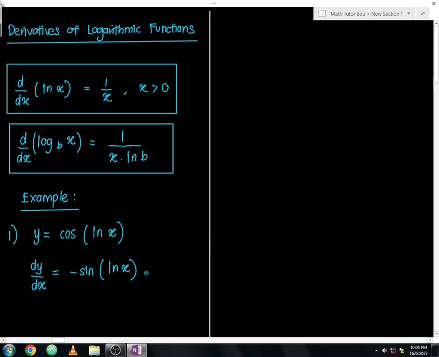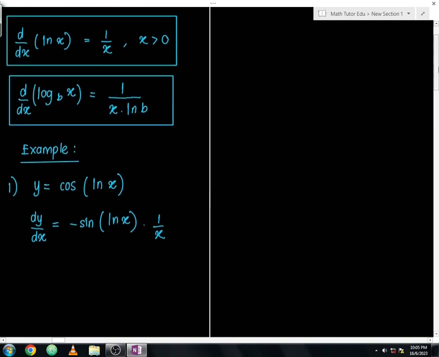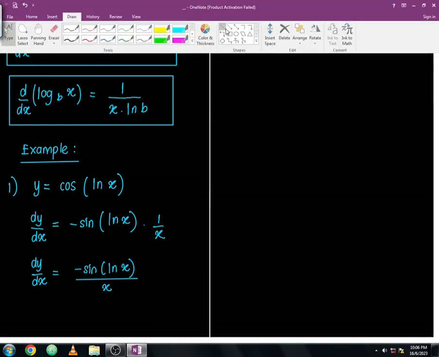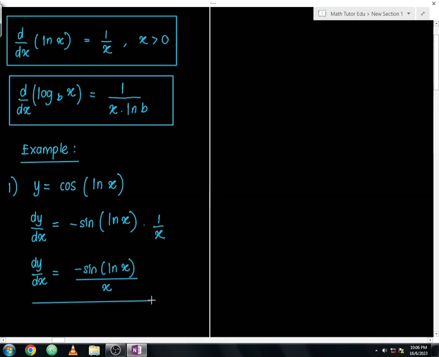So dy over dx will be equal to negative sine of ln x divided by x. It's considered to be an easy example, guys. I will slowly move on to the complicated ones.